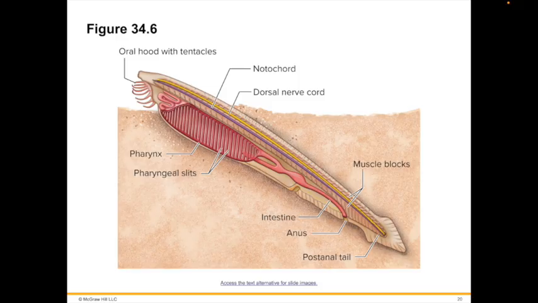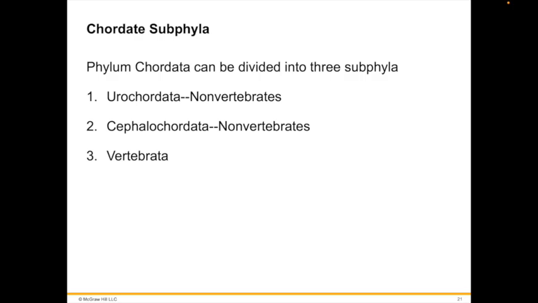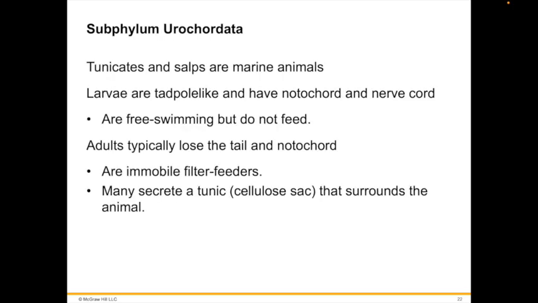Most species occur in shallow waters, but are found at great depths. In some tunicates, adults are colonial, living in masses on the ocean floor.